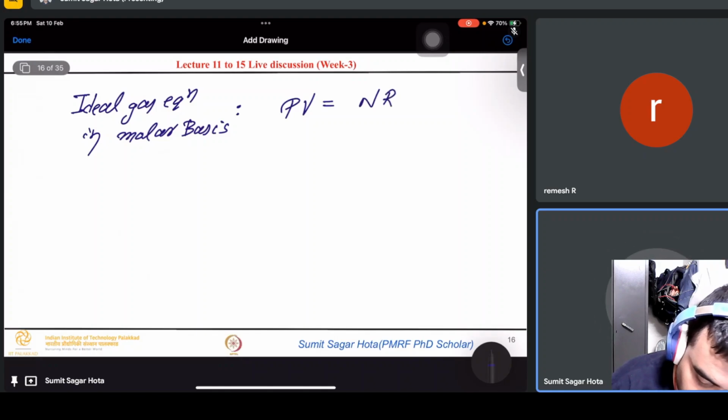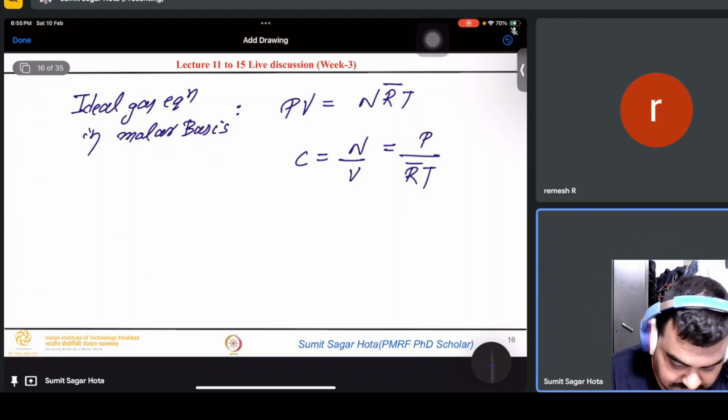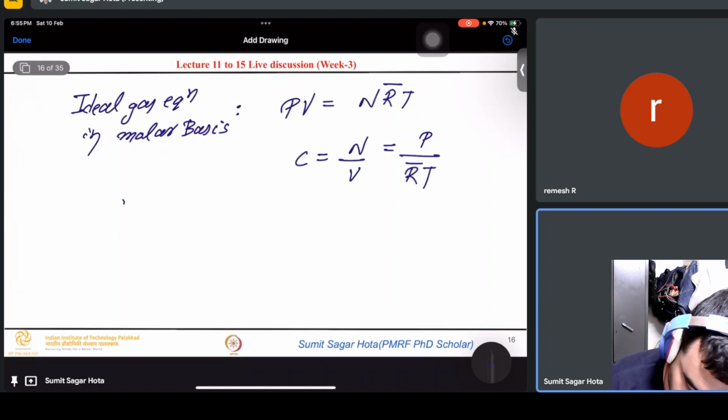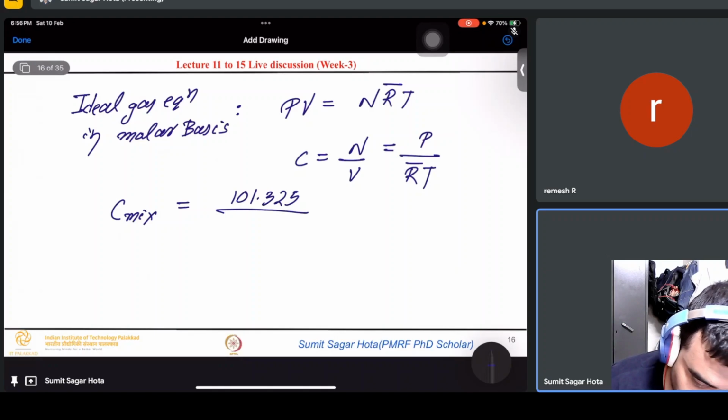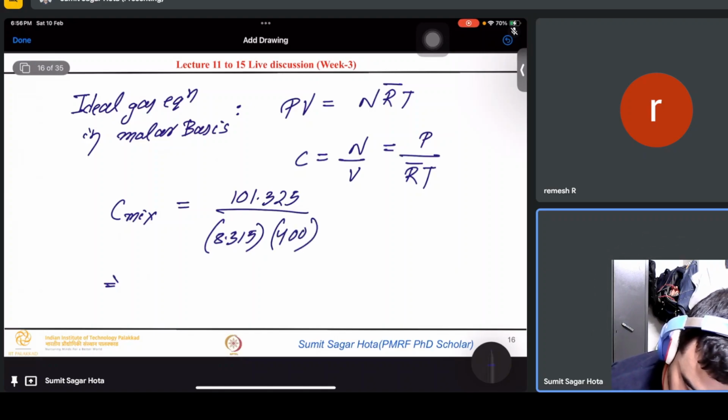PV is equal to n R bar T, so n by V is equal to P by R bar T, which is 101.3 divided by 8315 times 400. That gives 0.03 kilomole per meter cube.